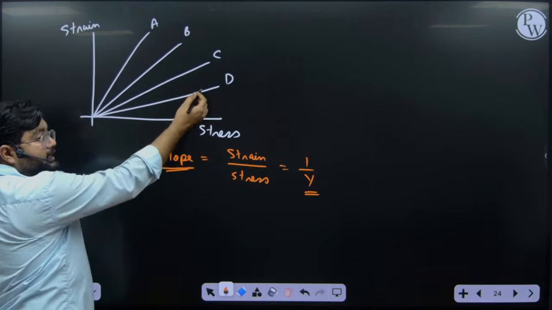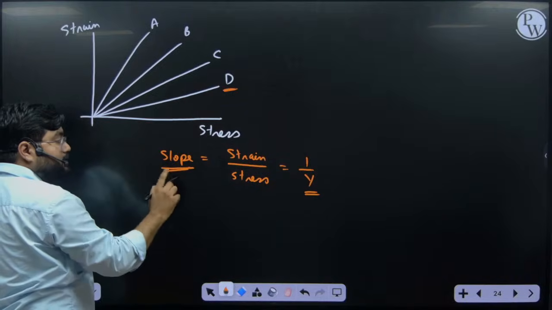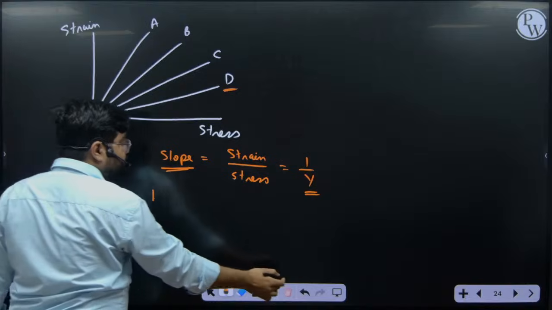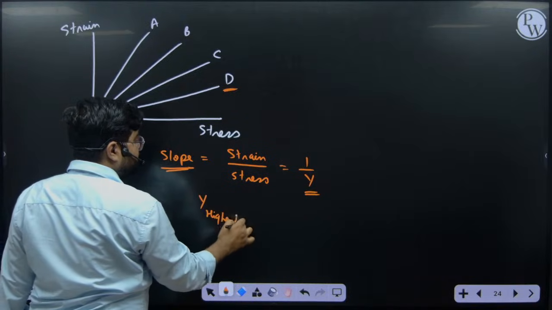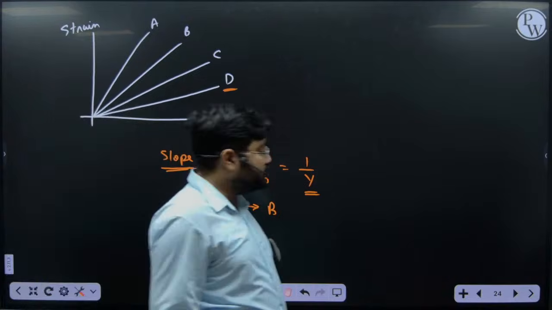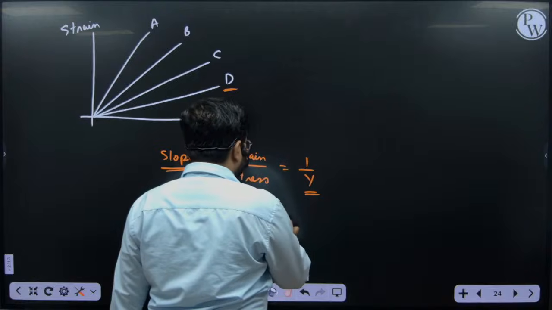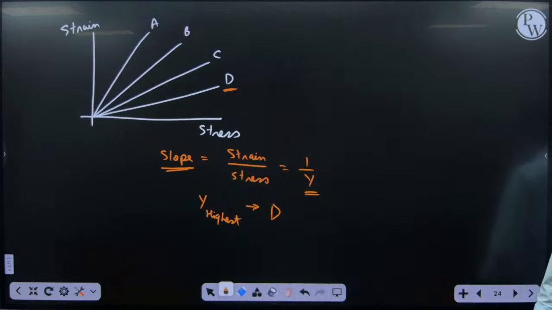As we can see, D has the lowest slope, so it will have the highest Young's modulus. So highest Young's modulus will be for, sorry, D. The D one. So this is one of the questions.